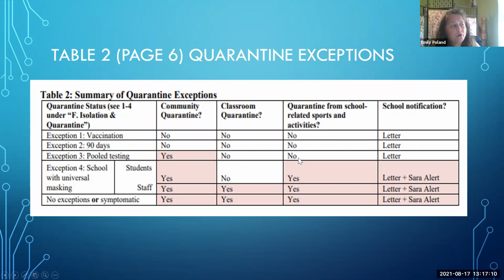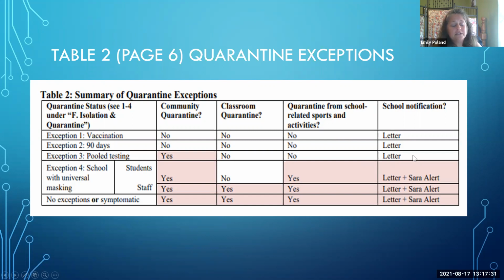They do not have to quarantine from school sports or school activities, but they do have to quarantine from the community. And they will only get a letter. They will get notified from you that they were exposed, and they will be educated that they need to quarantine outside of school and school activities.